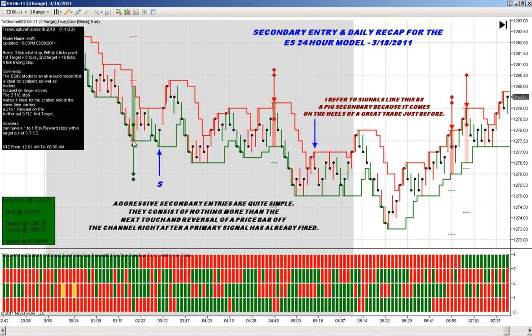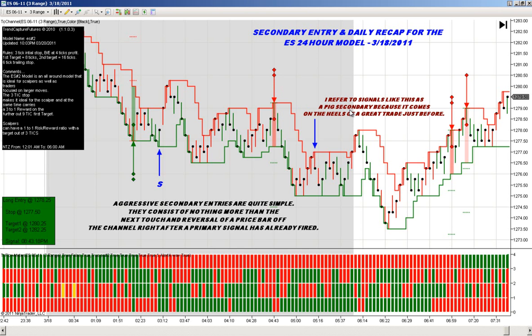Now you can see here, this is your primary signal right here, and this was the next touch and reversal off the lower band for a long, for your secondary signal. This is another primary signal right here that sets the tone, and this is your next secondary signal, your first touch and reversal off the top band after your primary signal.